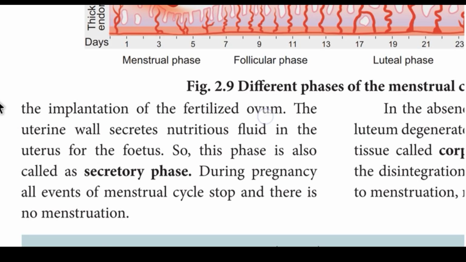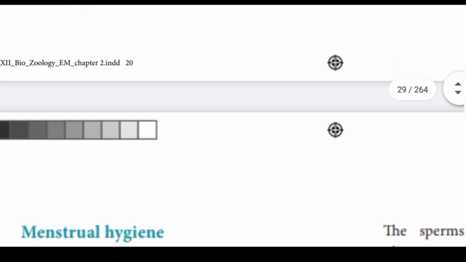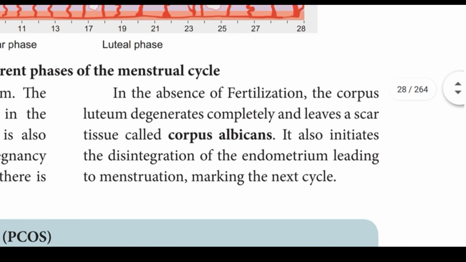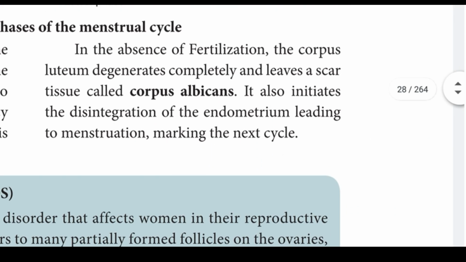Yes, at this end, what is menstruation? What is pregnancy? Suppose in the absence of fertilization, there is no chance of fertilization, the corpus luteum degenerates completely and leaves a scar tissue called the corpus albicans. That means it permanently becomes a scar in the uterus.